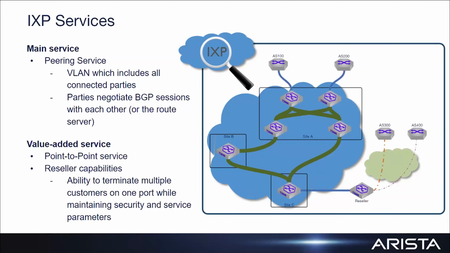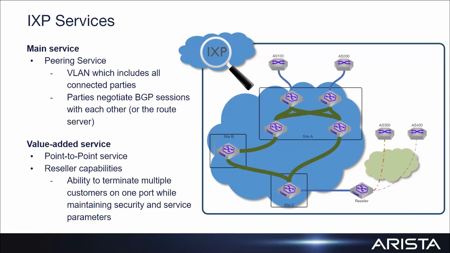Several IXPs also offer value-added services as the platform's already there. It's usually point-to-point services and also using the reseller capabilities of the platform, which means the IX is reselling the services over a third party, probably even outside of their own metro, leveraging the network of the third party provider.